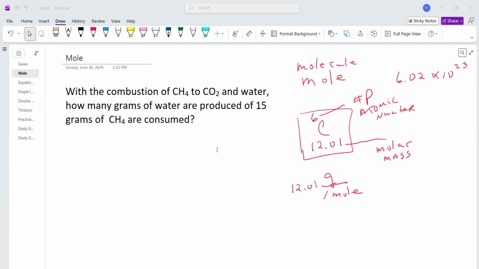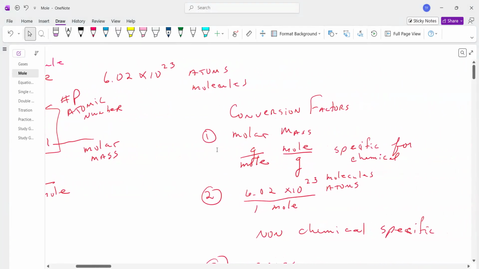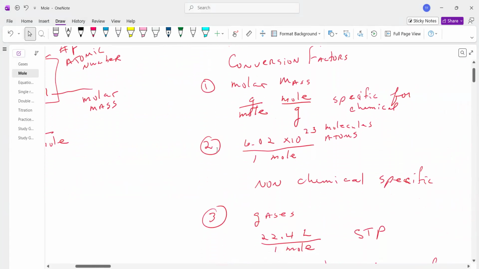So we have a couple more conversions. We've got the molar mass or atomic mass. When we're talking about a molecule, it's a molar mass. If we're talking about an atom, it's an atomic mass. Okay, grams per mole, mole per gram.